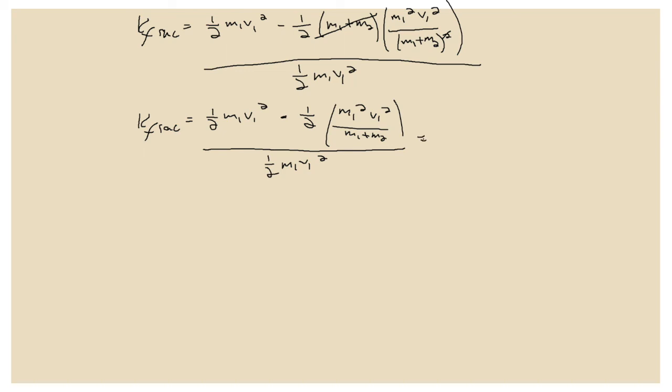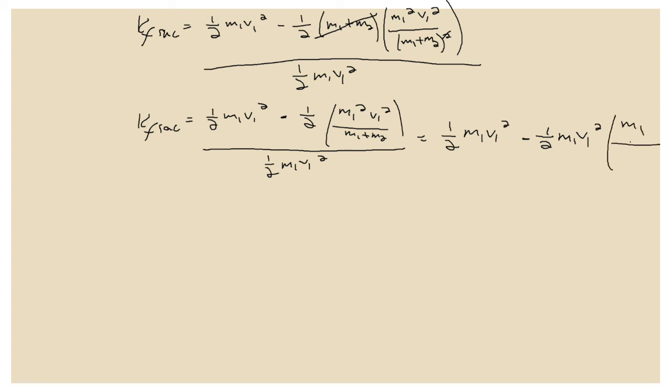Now I want to clean this up a little bit. The way I'm going to clean this up is I'm going to write 1/2 m1 v1 squared. This numerator is almost 1/2 m1 v1 squared. Notice the only difference is it's multiplied by an extra m1. So if I factor out 1/2 m1 v1 squared, the only thing I'll need to multiply 1/2 m1 v1 squared by to get 1/2 m1 squared v1 squared is just an m1.